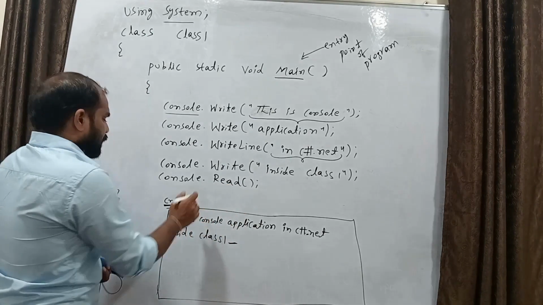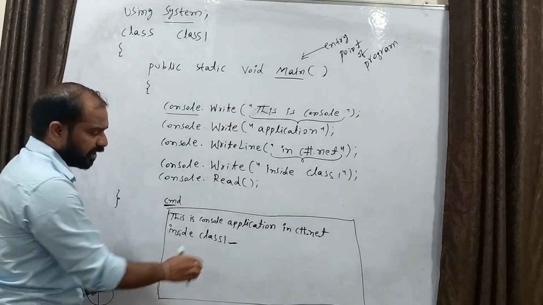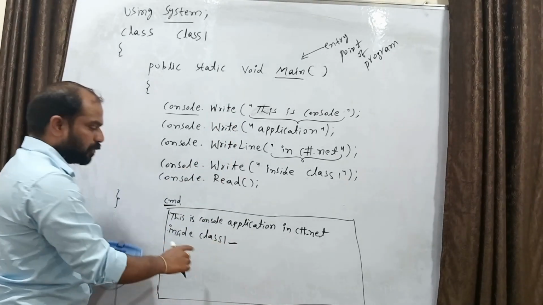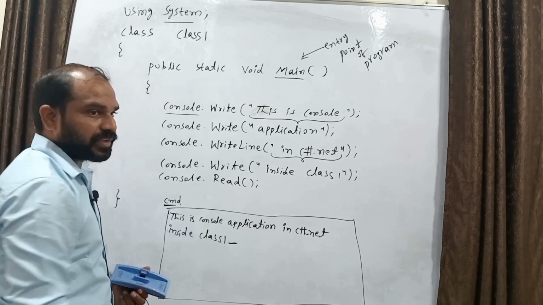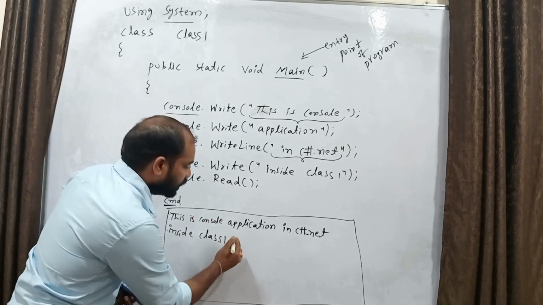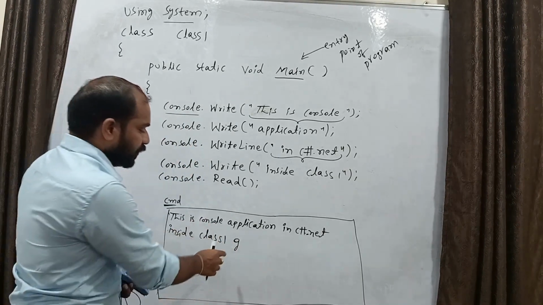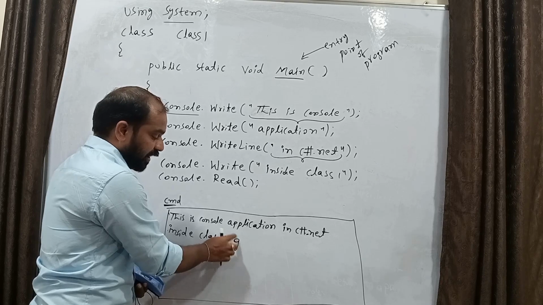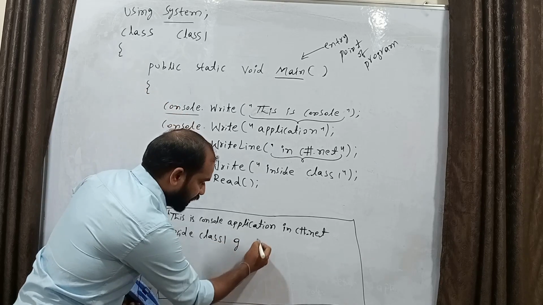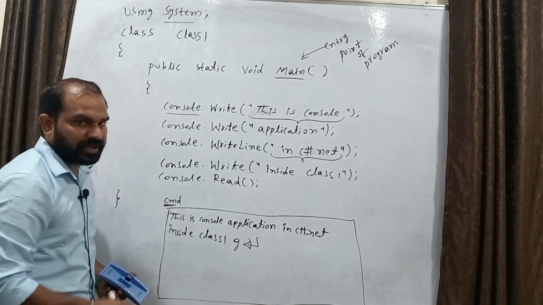So now, if we execute this program, the cursor will wait here. We can see this window in an open state. It stays that way until the user types some data. For example, if the user entered a character G, and after that hits enter, then your program is going to terminate, right?